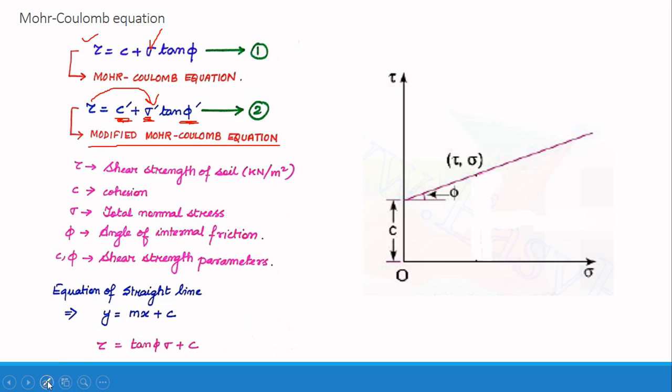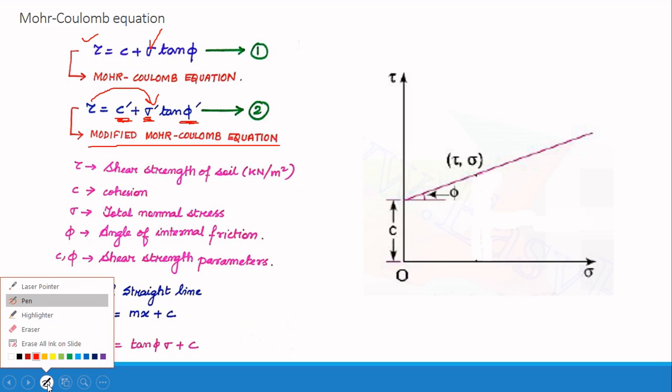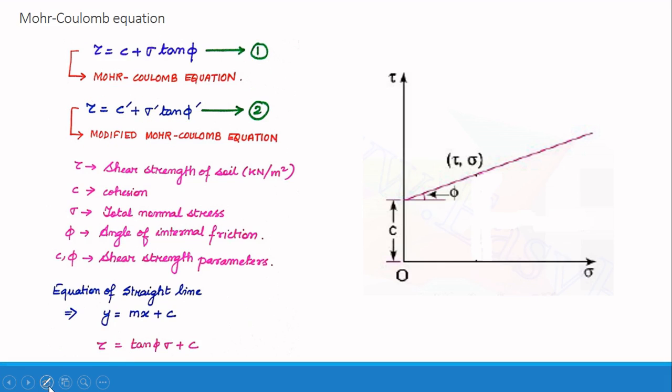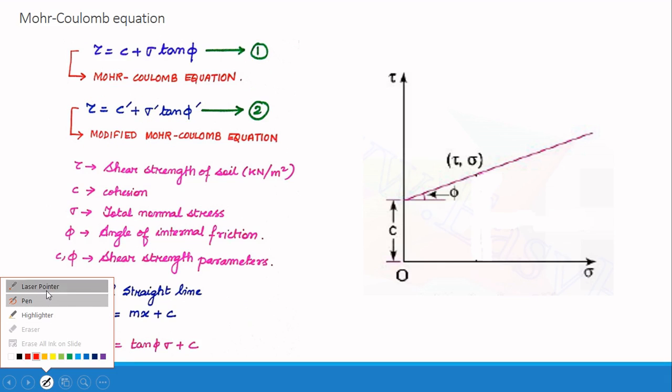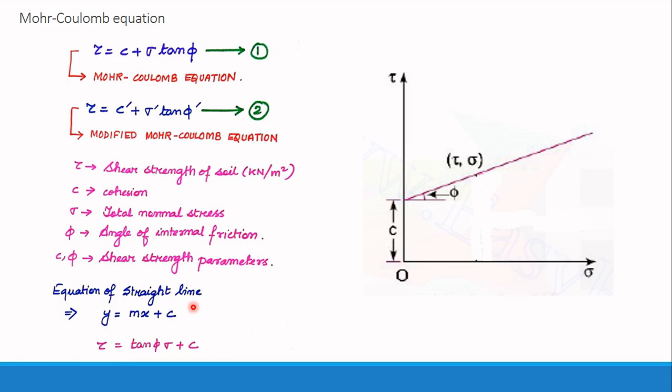Now let us go back to mathematics. In maths you have learned the equation of a straight line. What is the equation of a straight line? It is y equal to mx plus c, where y is the y coordinate, m is the slope of the line, x is the x coordinate, and c is the intercept made on the y axis.